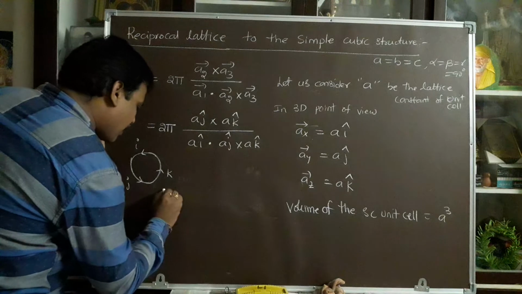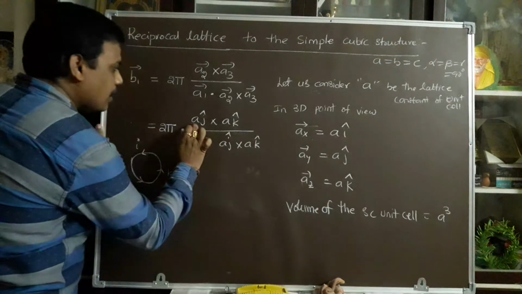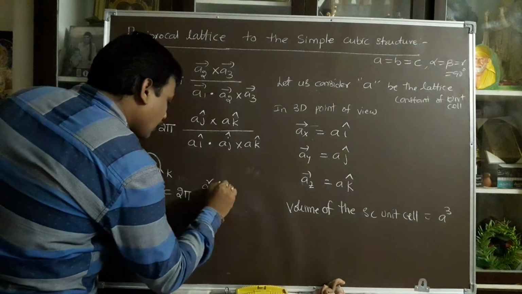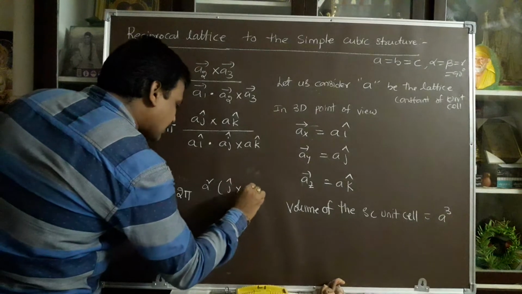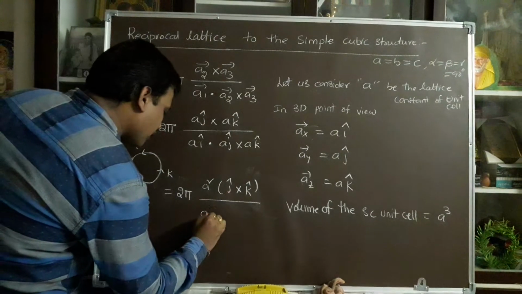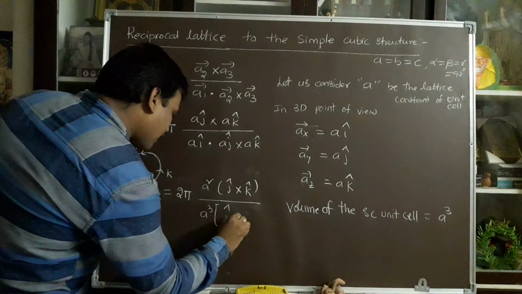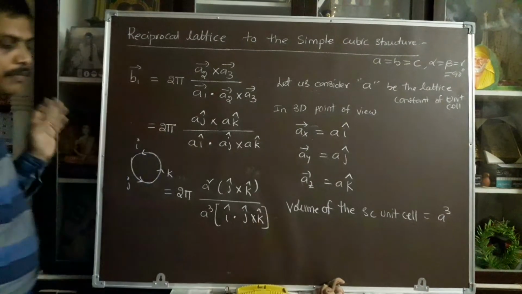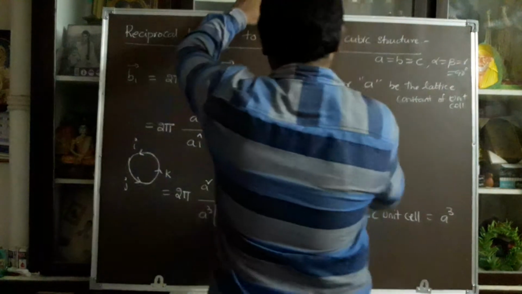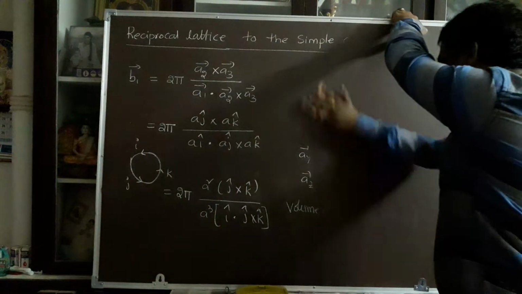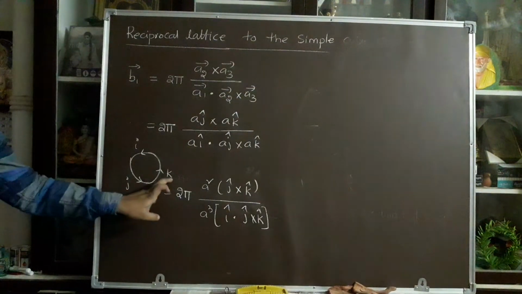According to this, I am writing the equation: 2 pi into a square into j bar cross k bar divided by a cube into i cap dot j cap cross k cap. First take the cross product: j bar cross k bar is nothing but i bar.